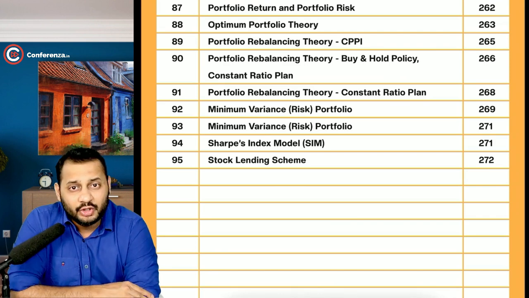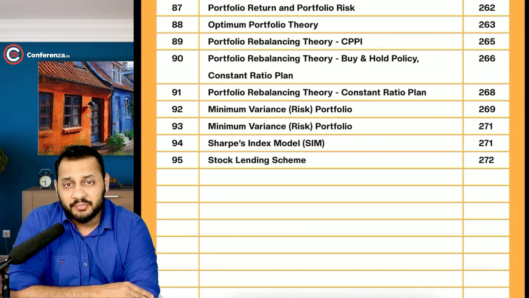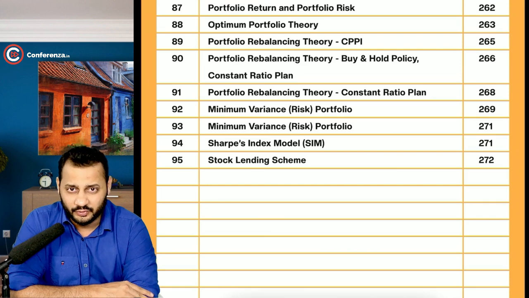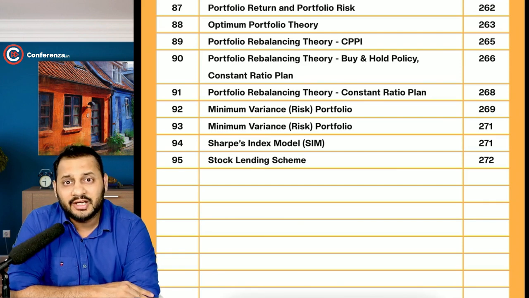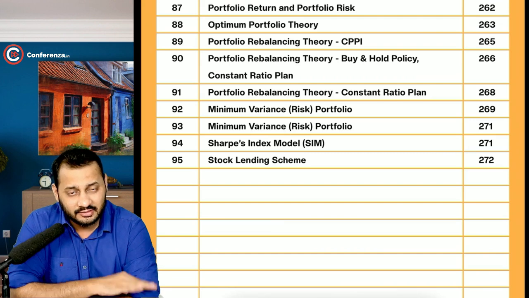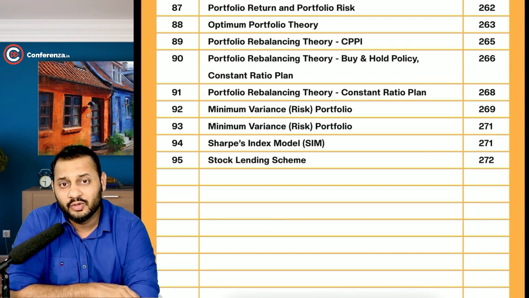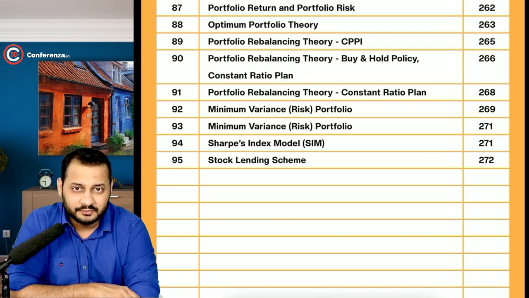And if it is not going according to your plan, you need to take action immediately in order to reshuffle the portfolio. Reshuffle means you may have to buy some securities and sell other securities so that you can rebalance your portfolio and bring it back according to your plan.